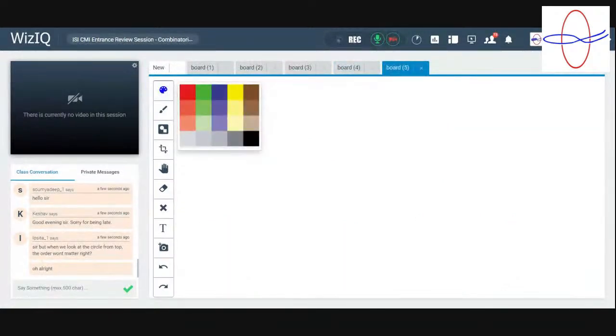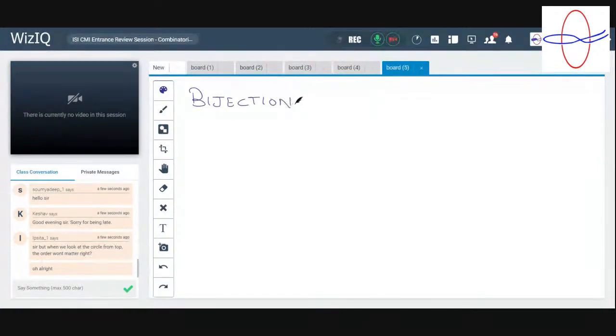And then you have the one you will see more regularly, the bijection principle. Okay, bijection. That's good.